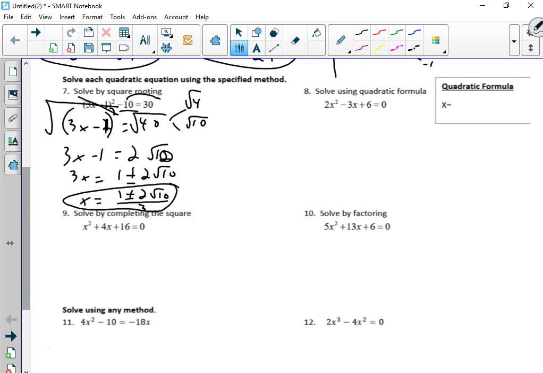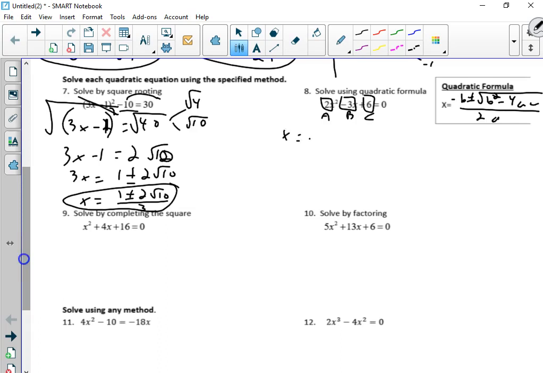Quadratic formula, which is x equals the opposite of b plus or minus the square root of b squared minus 4ac all over 2a. So, a, b, c, don't forget the negative. It's easy as 1, 2, 3, or 2, 3, 6.